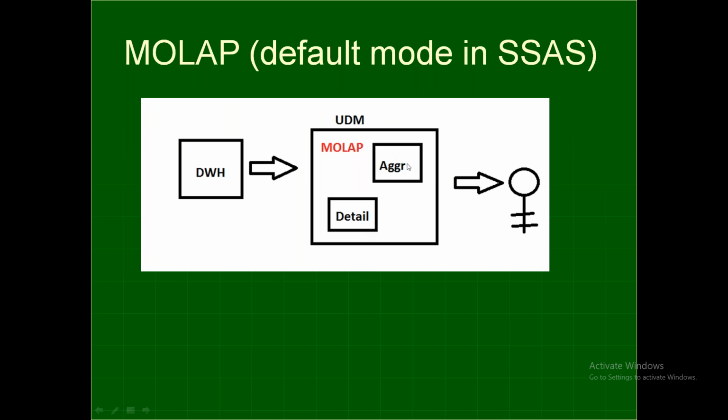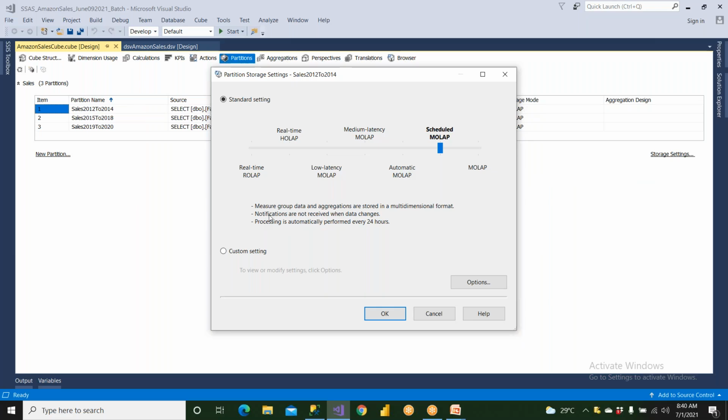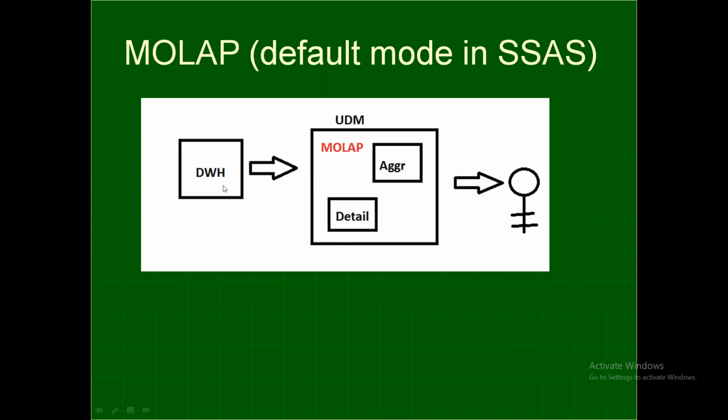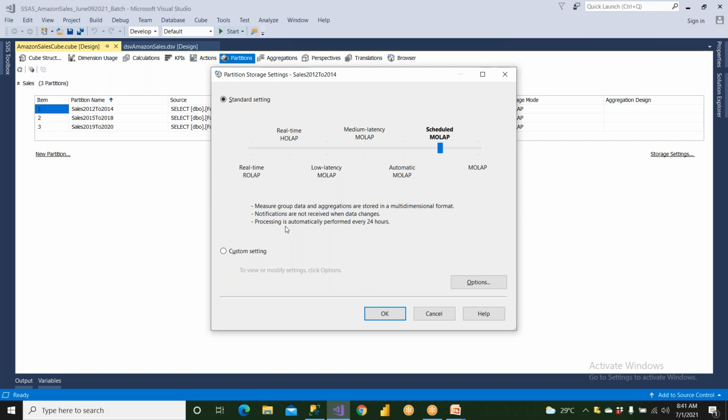Fine. Now, second point, notifications are not received when the data changes, where? In the data warehouse, right? So when the data comes in here, the SSAS engine is saying, I don't know whether the data warehouse is getting new data or not. But what is the next option? Processing is automatically performed every 24 hours. Clear?